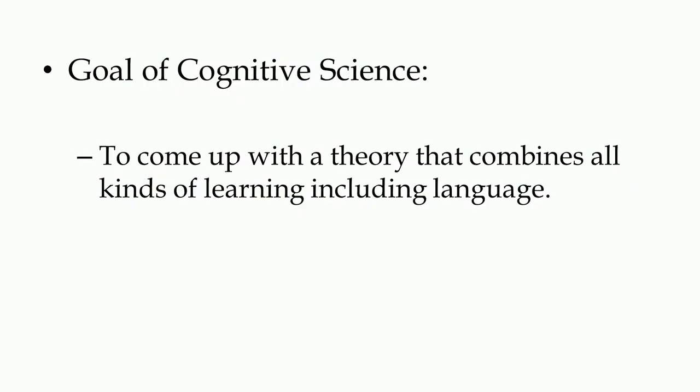One of the major goals of this discipline has been to come up with a unified theory. And what they mean by a unified theory is an approach that combines all kinds of learning, including language. Now, what are the types of learning that you can count on?